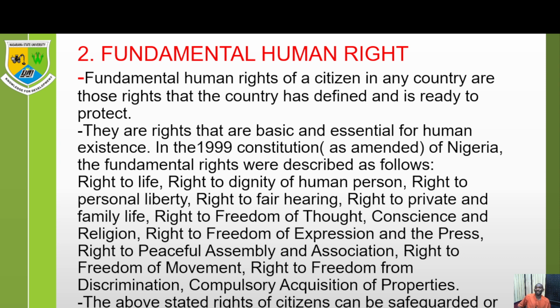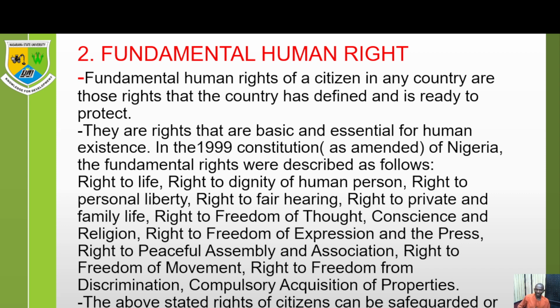It is there in the 1999 Constitution of Nigeria as amended. The fundamental rights were described as follows: right to life, right to dignity of human person, right to personal liberty, right to fair hearing, right to private and family life, right to freedom of thought, conscience and religion, right to freedom of expression and the press, right to peaceful assembly and association, right to freedom of movement, right to freedom from discrimination, and compulsory acquisition of properties.